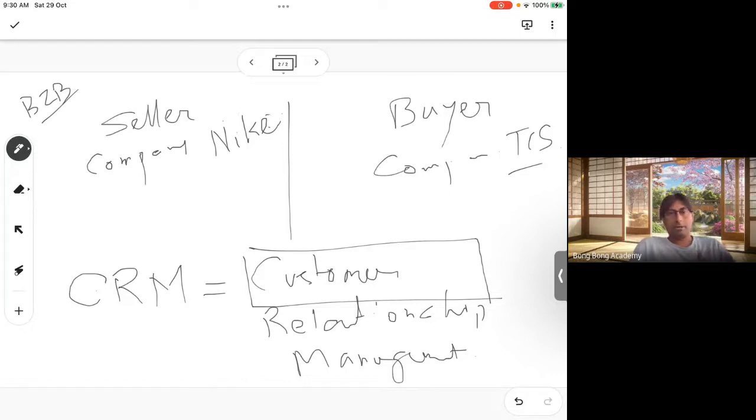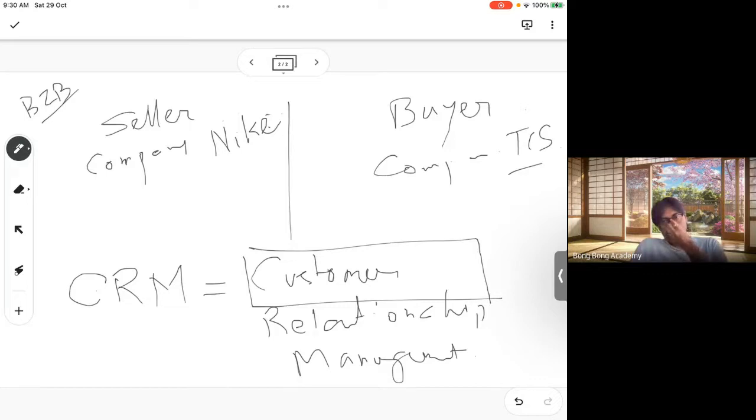But in this deal context, the only people who will be using CRM is the seller. The buyer has no need of any CRM because CRM is for customers. The selling side is not a customer for them. The selling side is basically a vendor for them. So they might have a vendor management system. That is a different story, but they do not need a CRM.